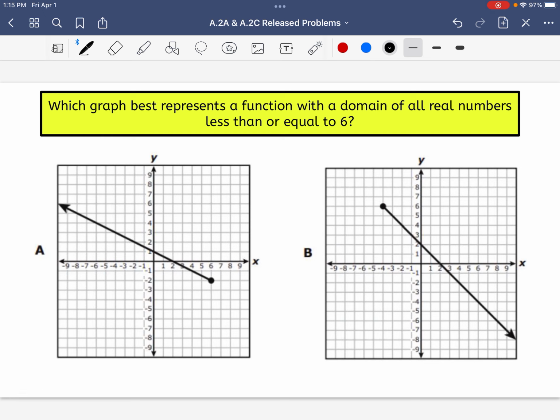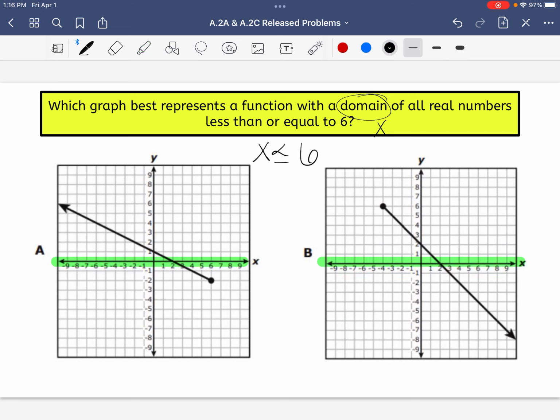All right, guys, let's look at the next one. Which graph best represents a function with a domain of all real numbers less than or equal to 6? So remember, domain is our x values. From that, I want to know which graph has x values that are less than or equal to 6. I look at my x-axis for both of them.